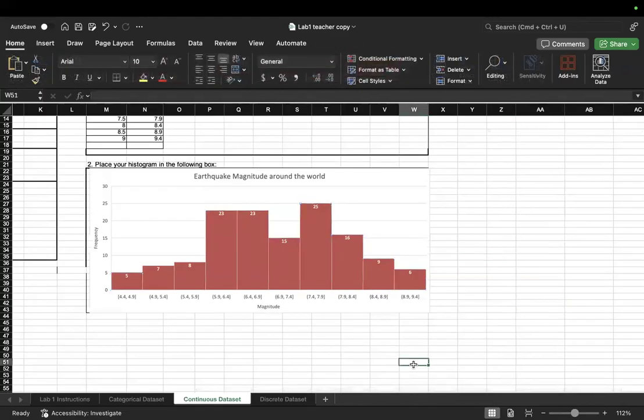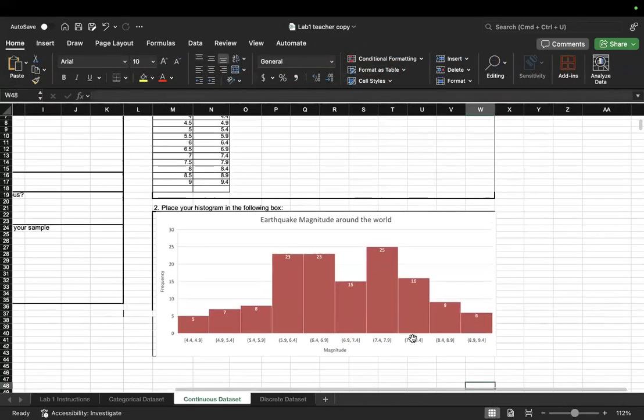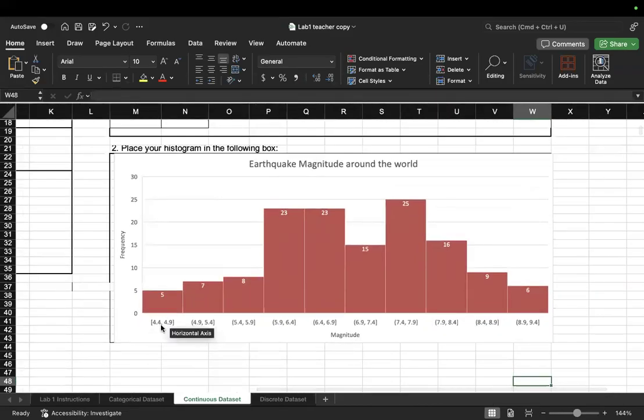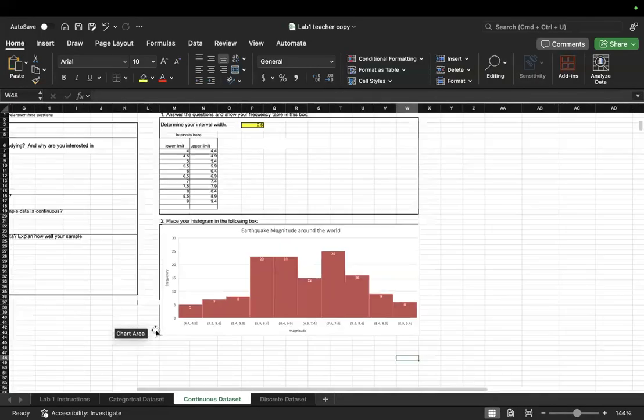Okay. So remember the whole pretty versus meaningful thing? I hate that this starts at 4.4. So I'm going to show you something that I do to make it pretty. It's still meaningful, but it's pretty. I want my lower bin width here to be 4 because that's the first pretty number below 4.4.